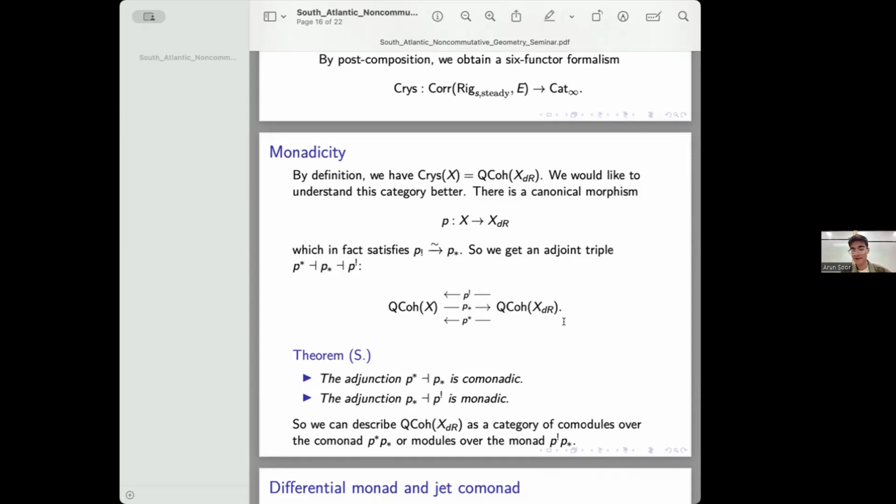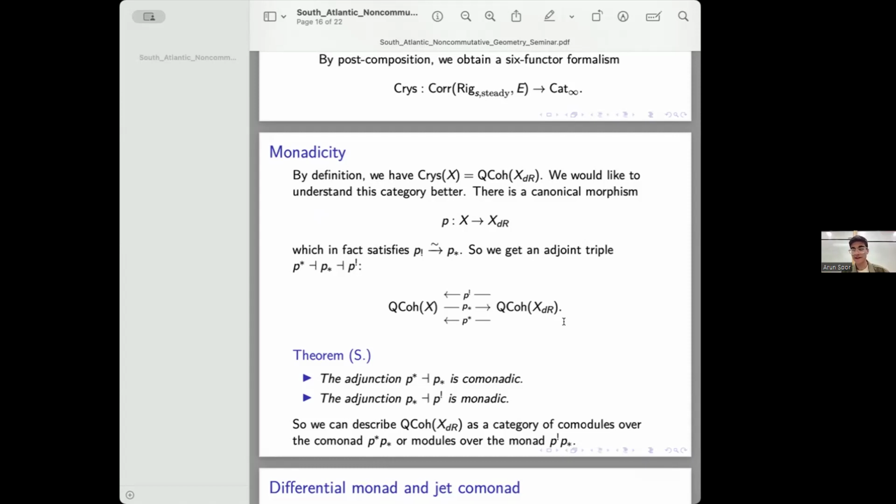So the theorem is, and this is more or less a theorem about descent. As you may be aware, descent and monadicity, or descent and comonadicity, are sort of two sides of the same coin. So the adjunction between upper and lower star functors is comonadic, and the adjunction between lower star and upper shriek is monadic.